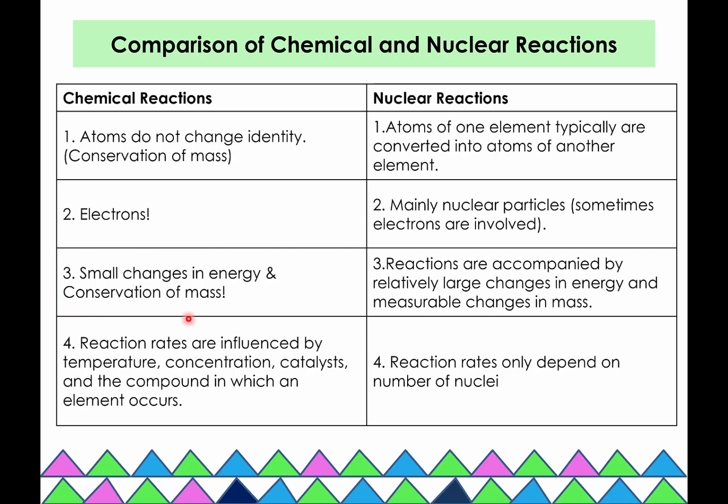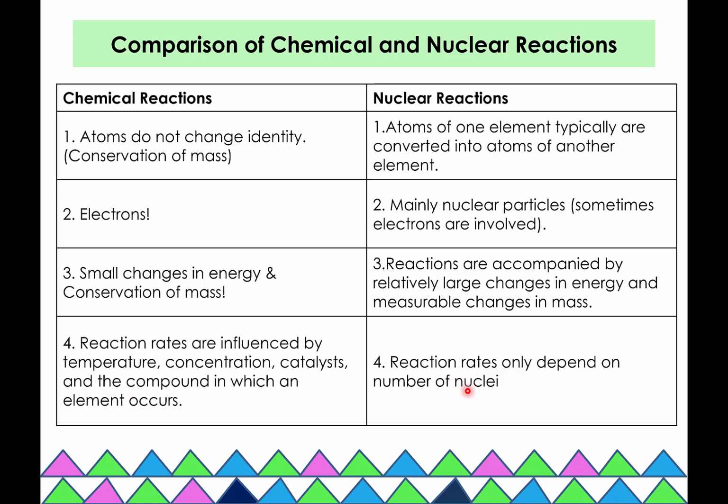Chemical reactions have small changes in energy and conservation of mass. With nuclear reactions, remember we talked about E equals mc squared. We have these large changes in energy because of measurable changes in mass. For chemical reactions, reaction rates are influenced by temperature, concentration, catalysts, and the state of the compound.